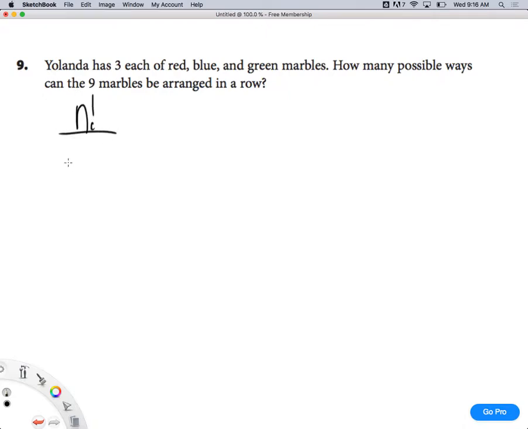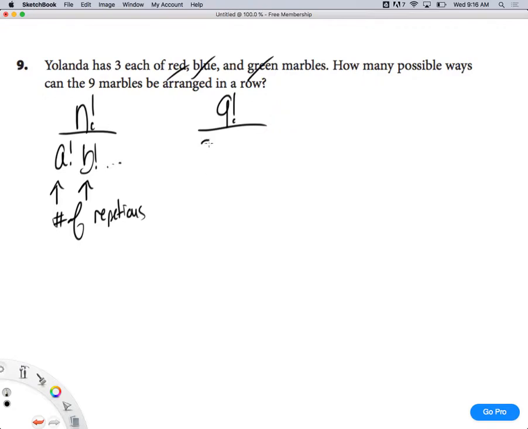It's n factorial over a factorial b factorial and so on, where a and b are the number of repetitions. You guys remember this? N in this case is 9 factorial. Then I've got 3 each of red, blue, and green, so that's 3 factorial, 3 factorial, 3 factorial.